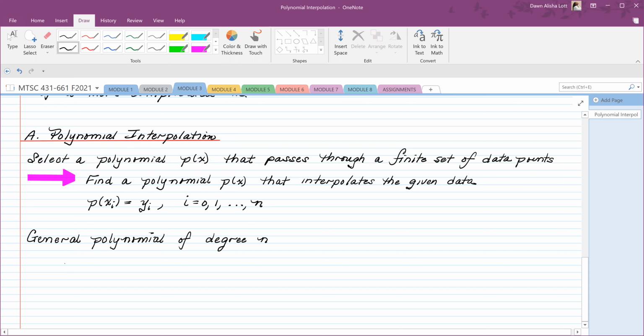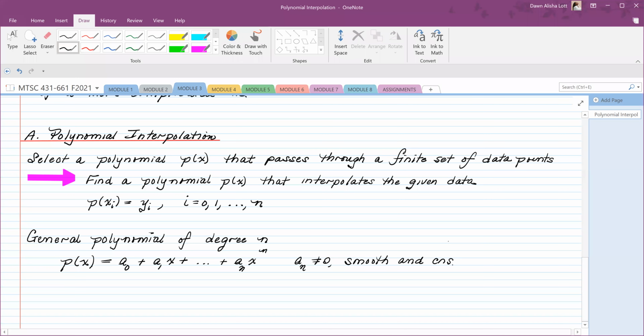That general polynomial P of x is a0 plus a1 x all the way up to an x to the n. And again, an is not 0. This is smooth and continuous. We love polynomials. They are smooth and continuous.